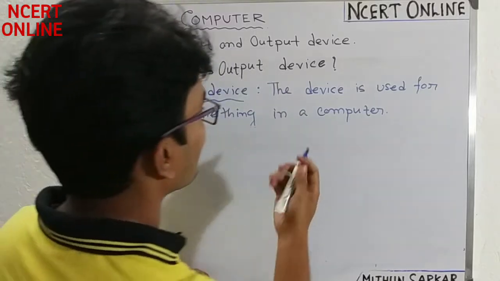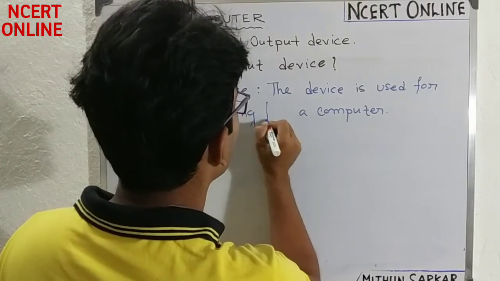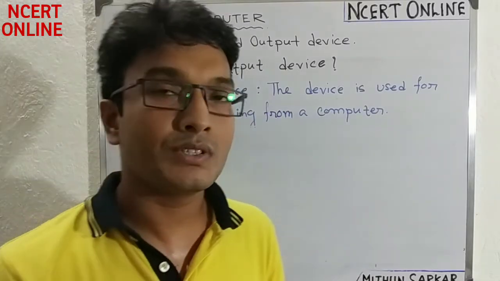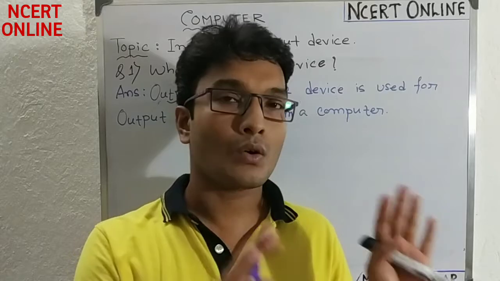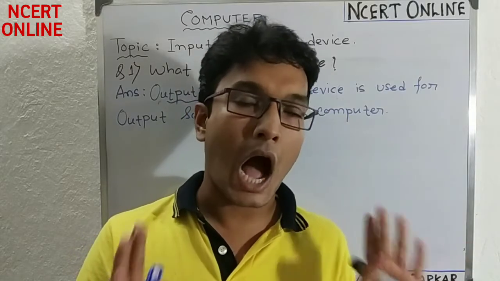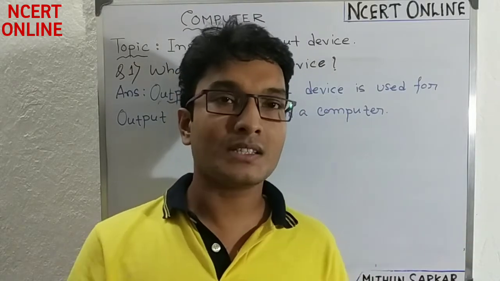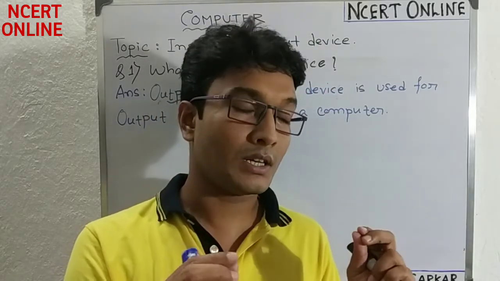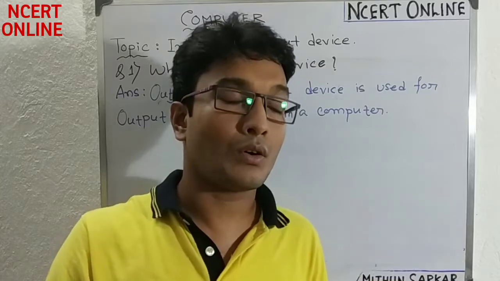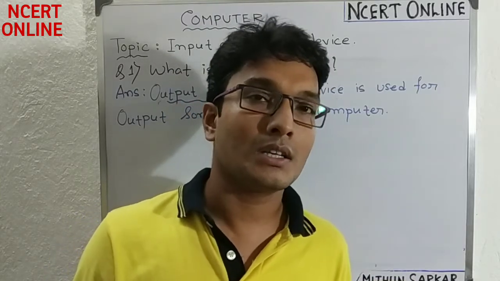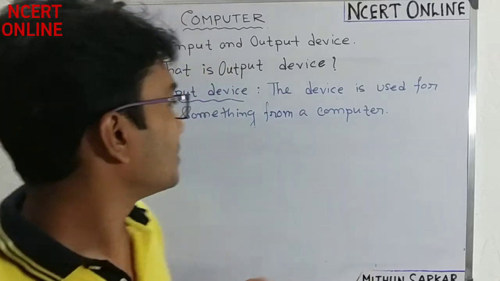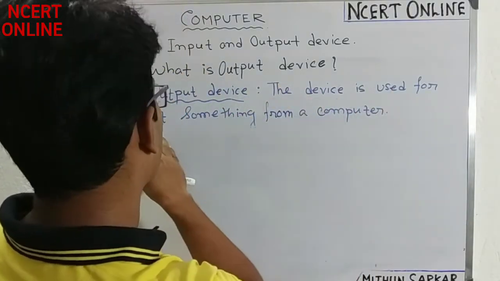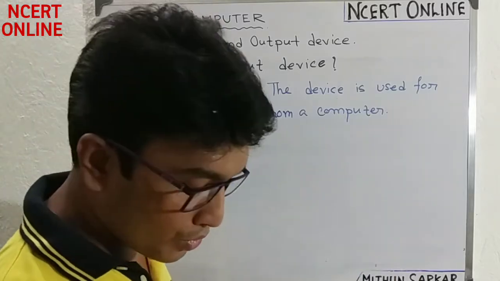Output means it is display. When you write something using your keyboard, it is displayed on your monitor, so it is output. When you need to print something, we use a printer. When you print a hard copy, that means a page or any pictures, it is your output. So from a computer, when you output something, that is called an output device.